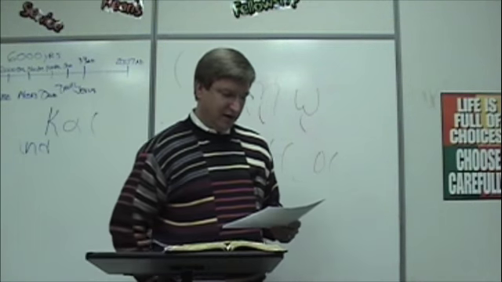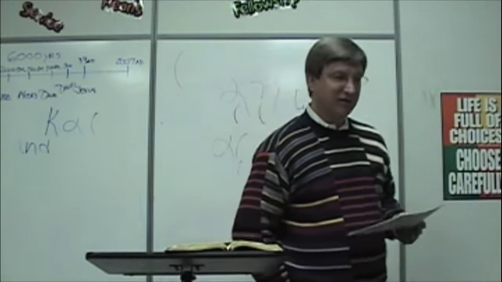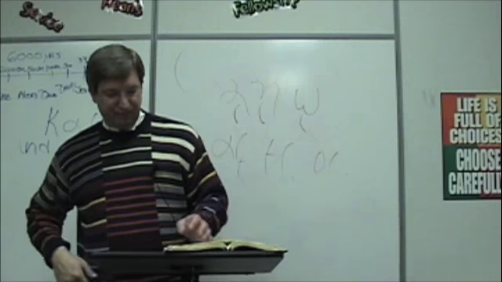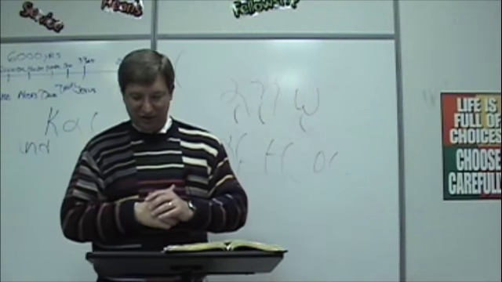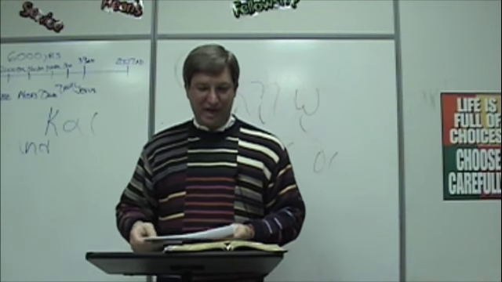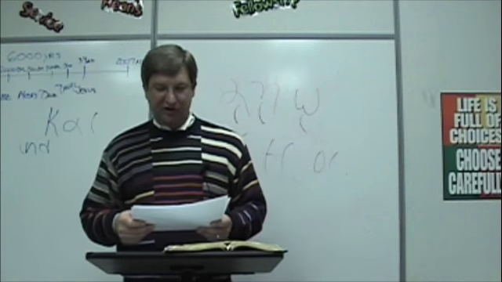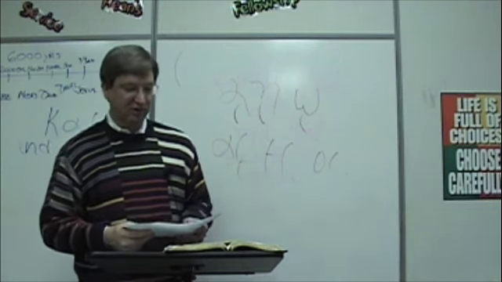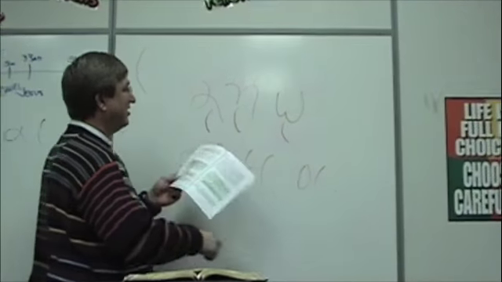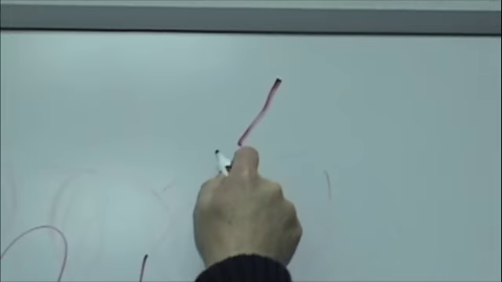There are 3 accent marks, primarily in modern editions of the Greek New Testament. The first accent mark is called the acute. The acute looks like this. It's over the word Zoe.